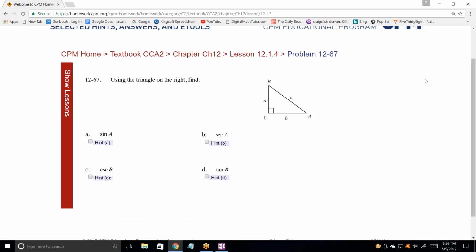Where do you go to school, Nicholas? Thunder Ridge. Since when did Thunder Ridge start teaching math in an integrated style? In other words, every question bounces between trig and combinatorics and probability and algebra, and that's integrated math.